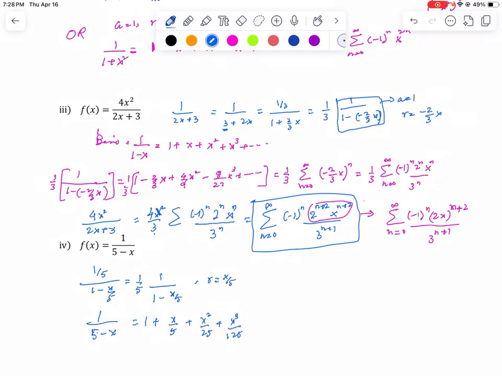Is equal to summation n equal to 0 to infinity, and inside we have x over 5 whole raised to n.